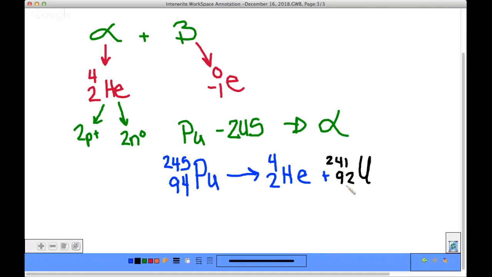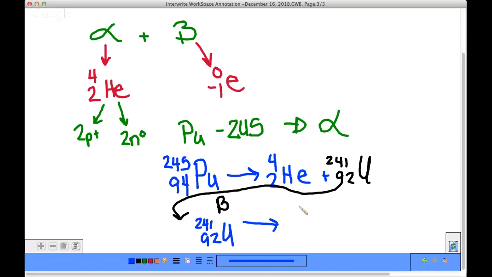Now let's say that we take this uranium-241 and let's say that it undergoes beta decay. So now we're going to have uranium, 241, 92, and we're going to show that it undergoes beta decay. So we're going to put a beta particle right here.